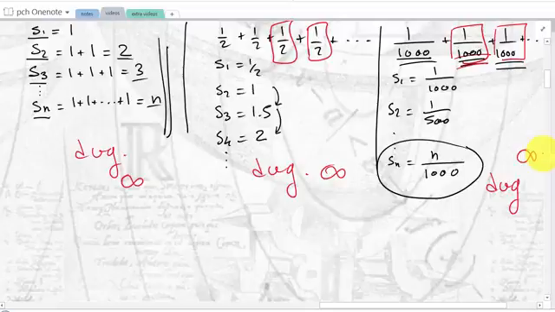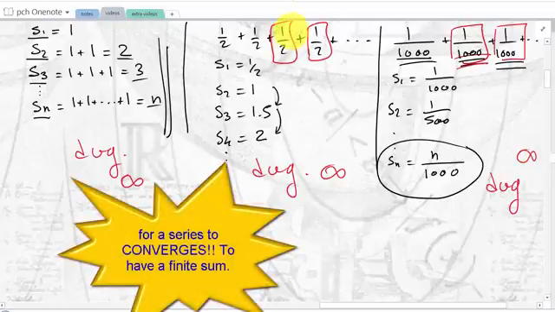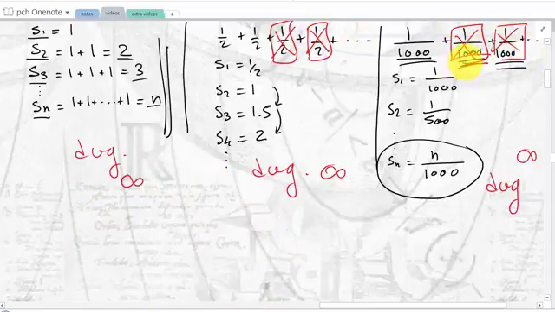Therefore, for a series to have a finite sum, you don't want to add something that has the same size all the time. The size of what you're adding has to be smaller and smaller and smaller, okay?